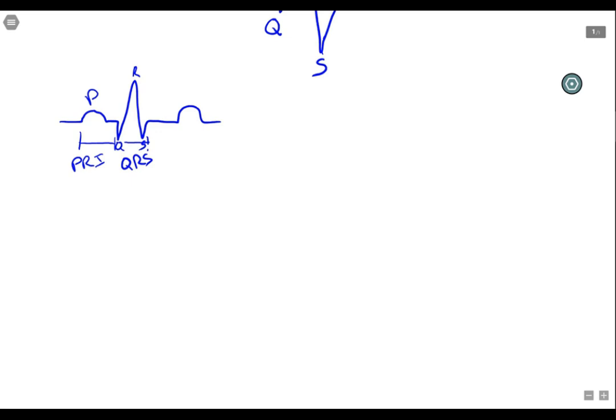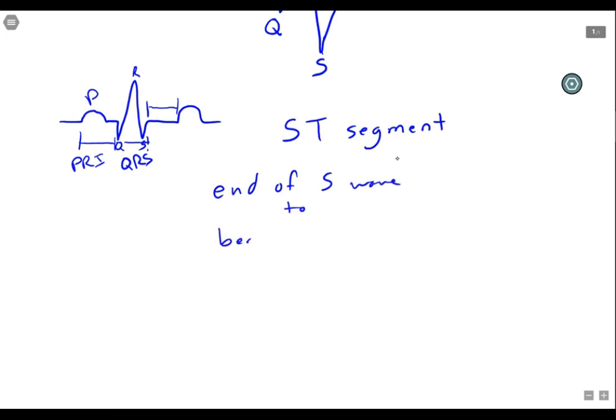Well, the next important part of this cardiac cycle is what we call the ST segment. So remember, a segment does not contain a wave. So the ST segment is from the end of the S to the beginning of the T. There should be no waves there. So end of S wave to beginning of T wave.